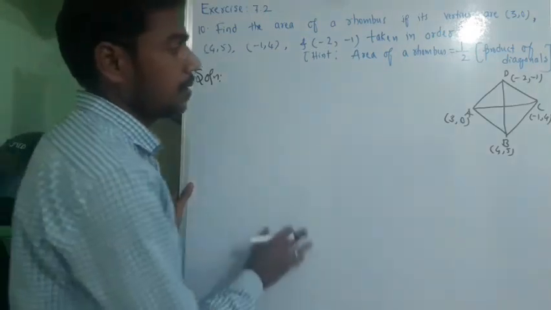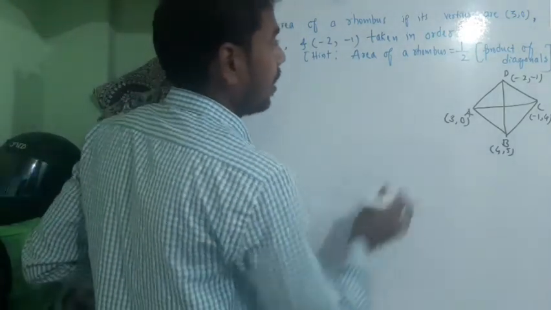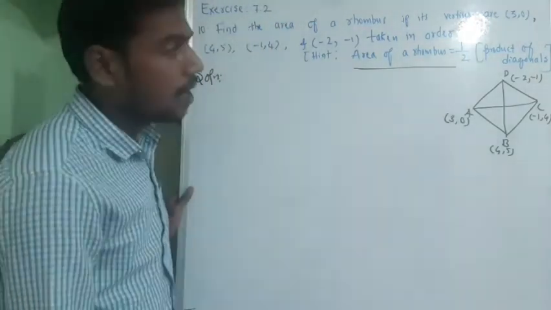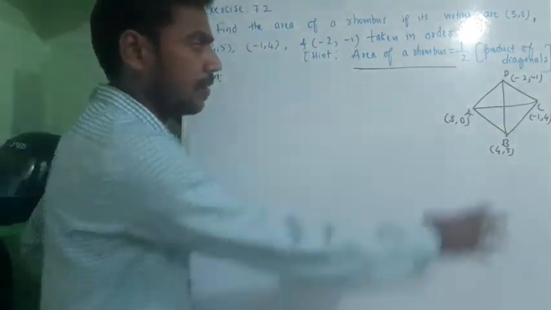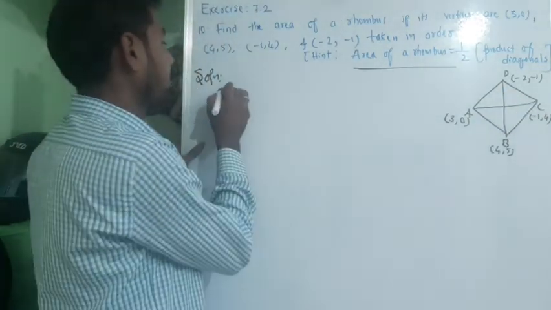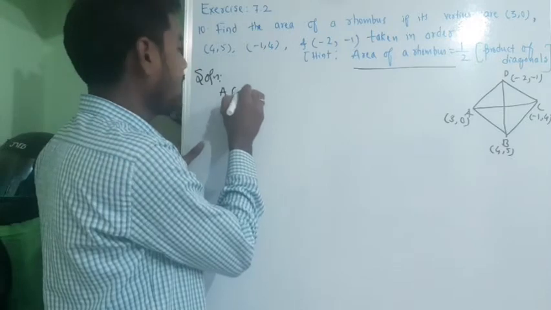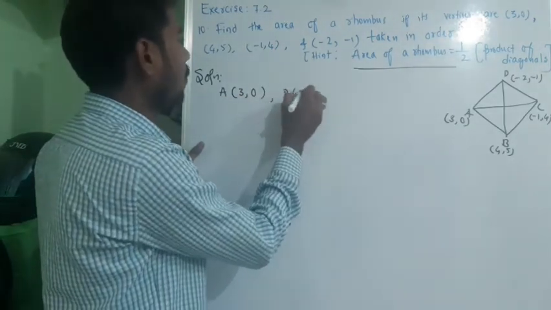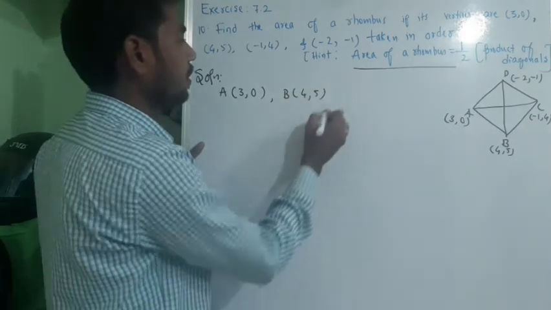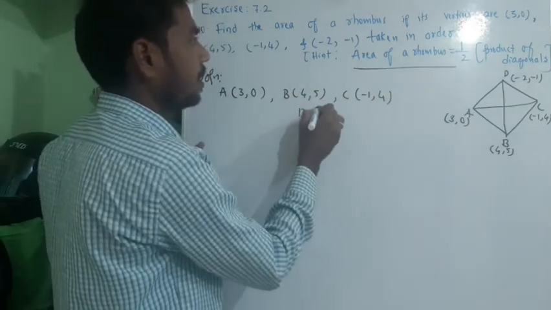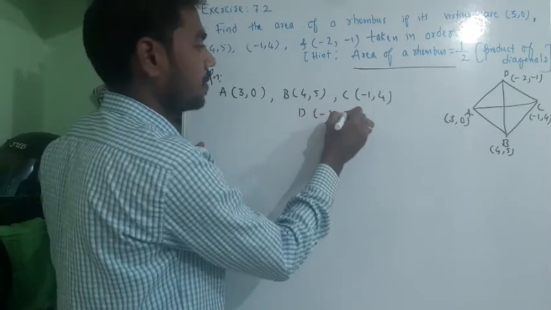Now see, we need to find the area of a rhombus. Already they have given the product of diagonals. How will we find the length of a diagonal? Using the distance formula. So A is 3 comma 0, B is 4 comma 5, C is minus 1 comma 4, and D is minus 2 comma minus 1.